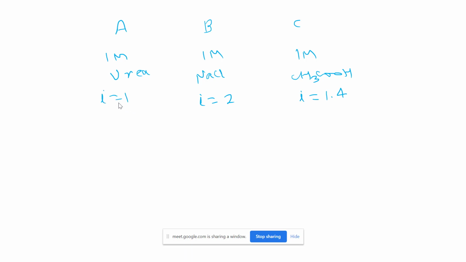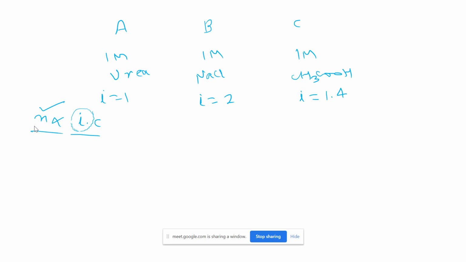Got it? So now, first, the number of moles of solute is directly proportional to i into C here. Do remember, because concentration is more when the number of moles of solute is more. And what is the role of i? If a solute is dissociated in the solution, then the number of moles of solute particles will increase.